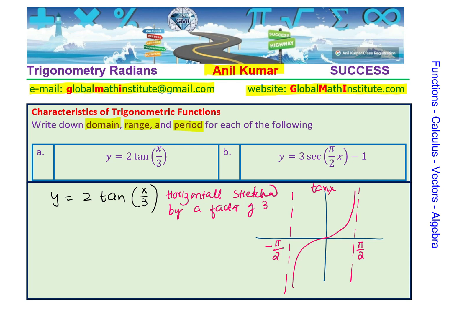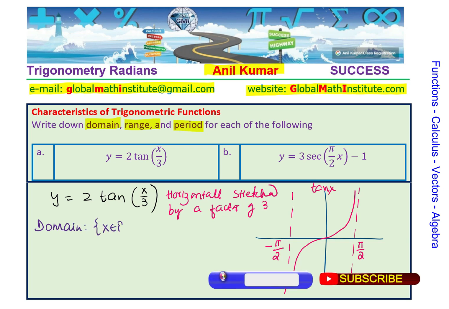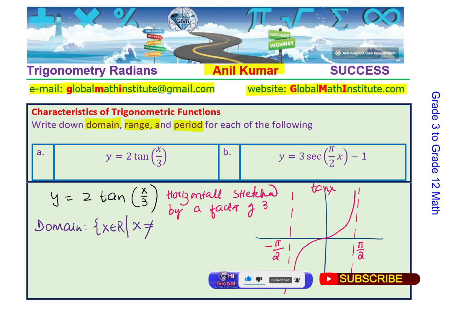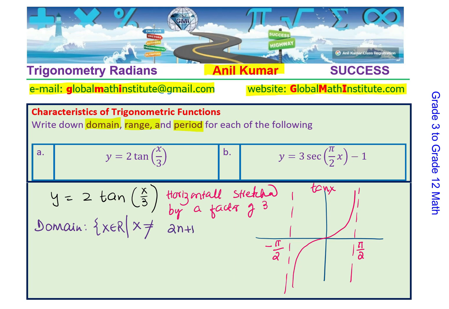So therefore, from here we can write down the domain of the function. x belongs to real numbers where x is not equal to, normally it is 2n plus 1 times pi by 2, right?